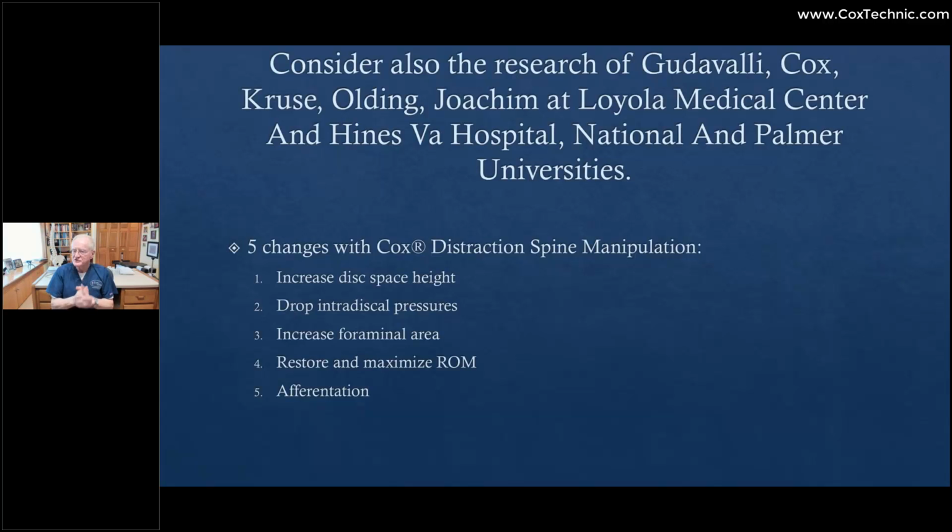As opposed to a lumbar disc, which dropped up to 192 millimeters of mercury, a cervical disc at C5, C6, applying this technique in an uninvolved, non-rigored cadaver, dropped intradiscal pressures up to as high as 500 millimeters of mercury. Second, we increase foraminal area.